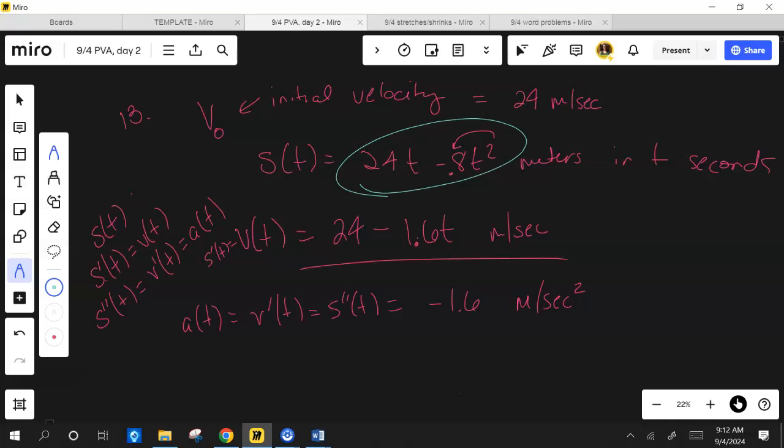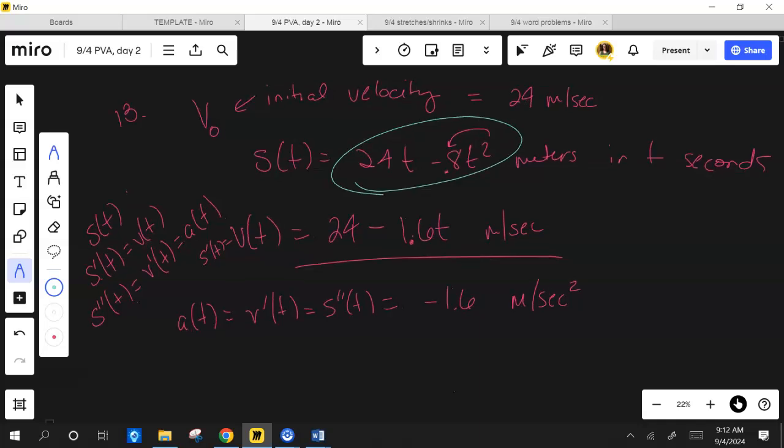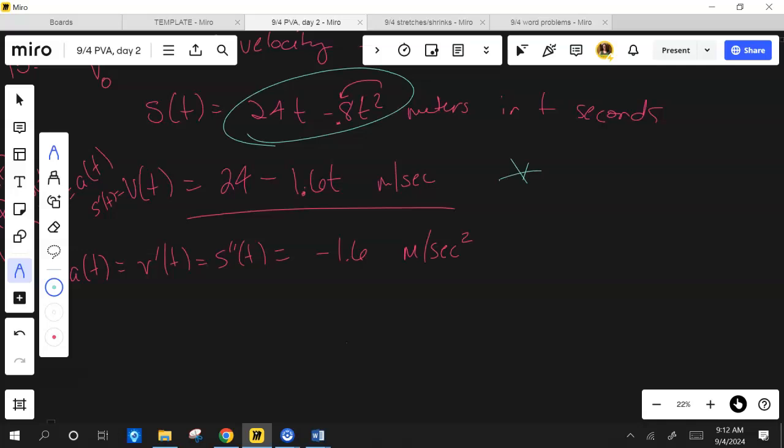When velocity changes signs, this is crucial.